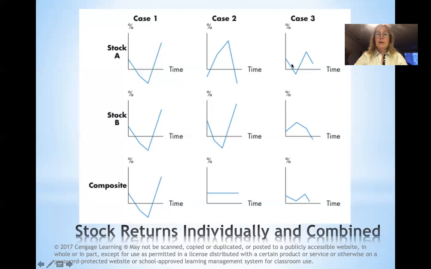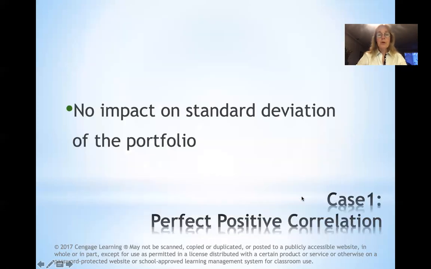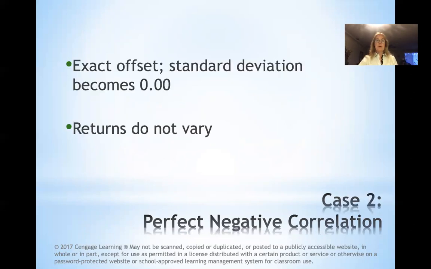Okay, so anyway, getting back to this. This shows a partial correlation, and so you get some diversification benefits of owning these two. Okay, so case one, perfectly positively correlated, no diversification benefits there.